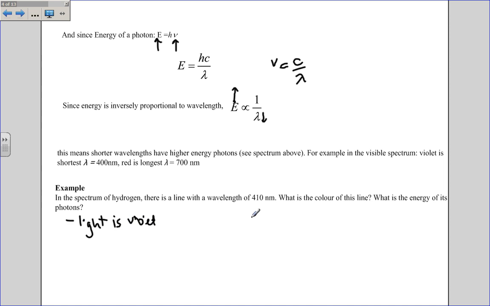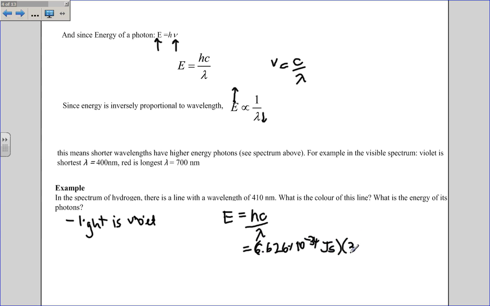To determine the energy of this line, we need to use our relationship E is equal to hc over lambda. H is Planck's constant, which is 6.626 times 10 to the negative 34 joule seconds.